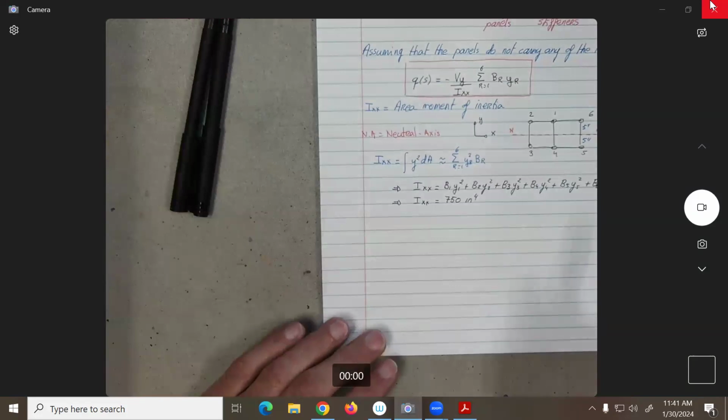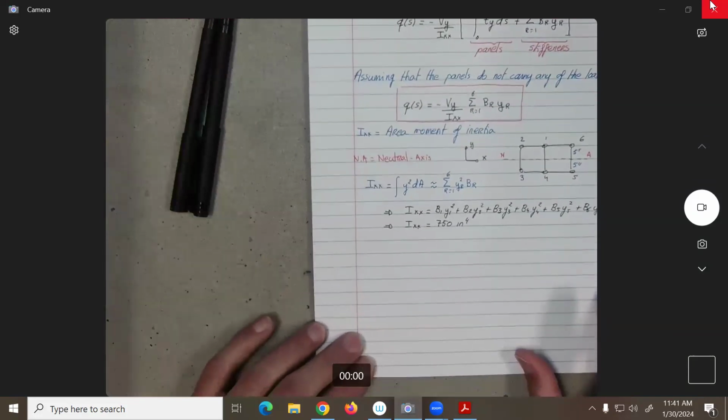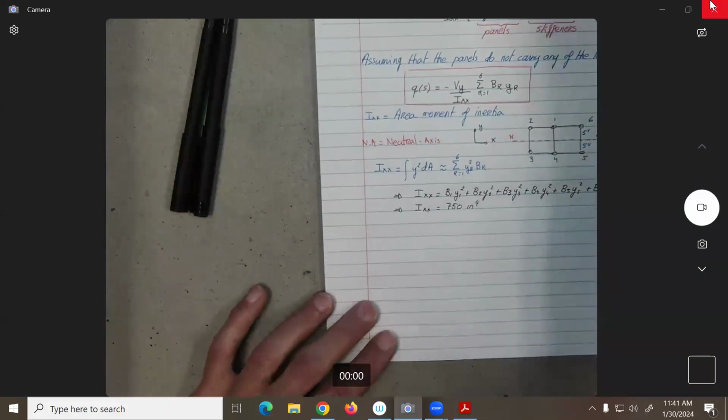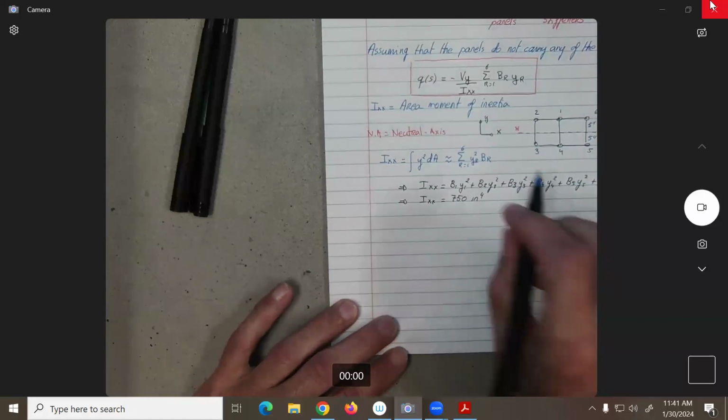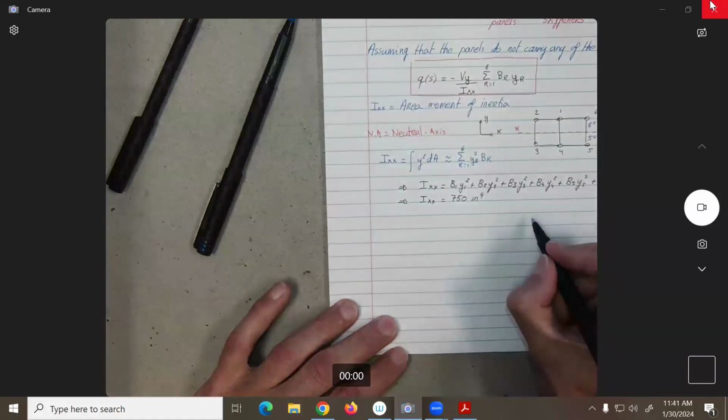Okay, so now what does that mean? All right, so let me redo the figure here since the first time again. Let me redo it here very quick.